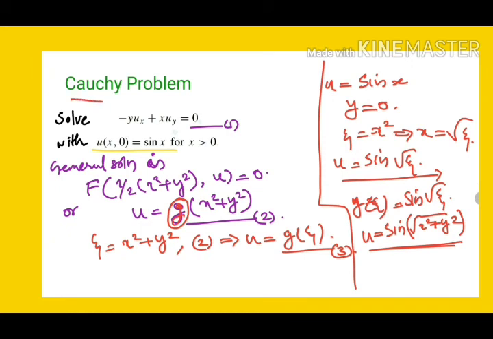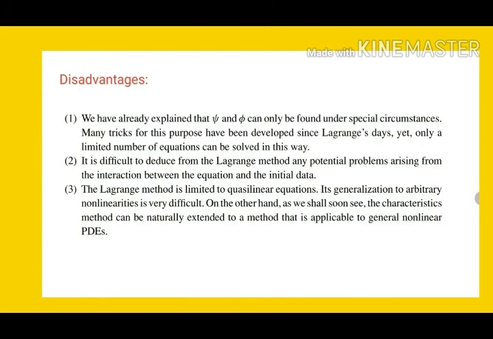This is the solution of the Cauchy problem with the initial condition u of x, 0 equal to sin x for x greater than 0. Now there are many disadvantages to the Lagrange method, even though it gives the general solution for the first order quasi-linear PDE.